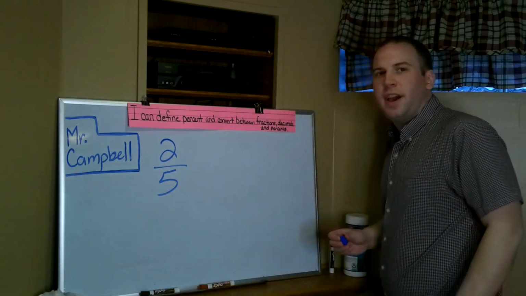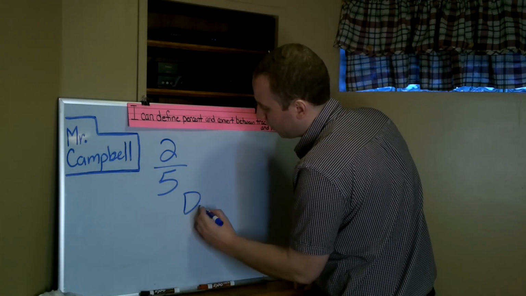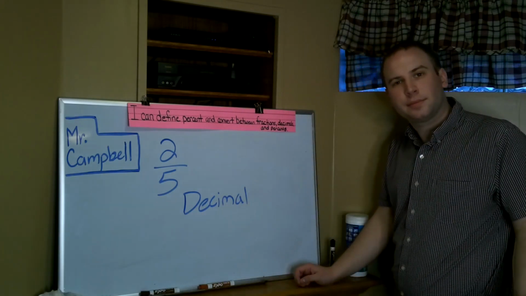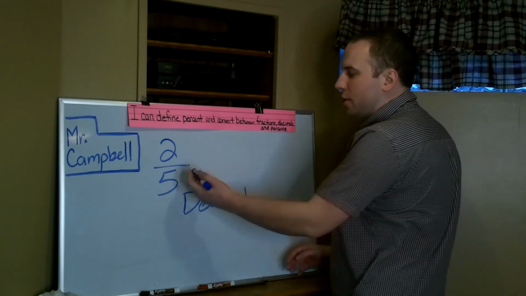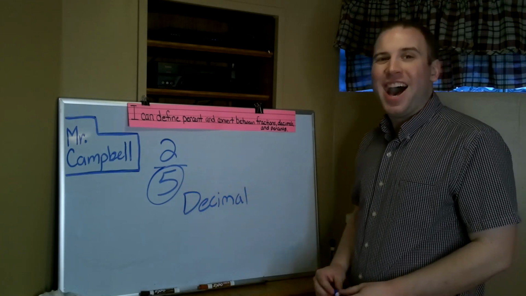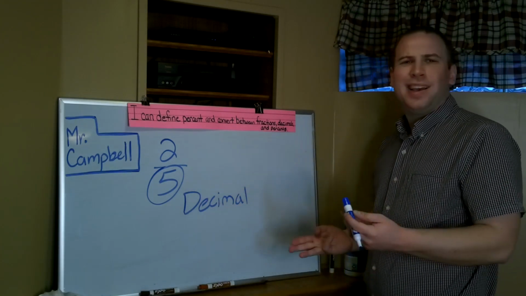Let's say I had 2/5 and I wanted to convert this into a decimal. Well, there's one problem with this fraction, and that is that the 5 is not a 10, it's not a 100, it's not 1,000.